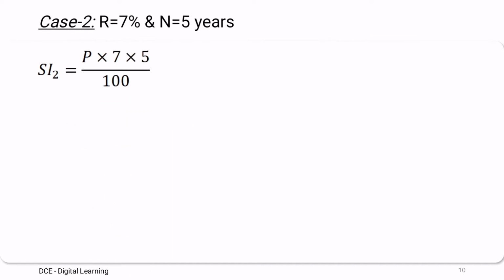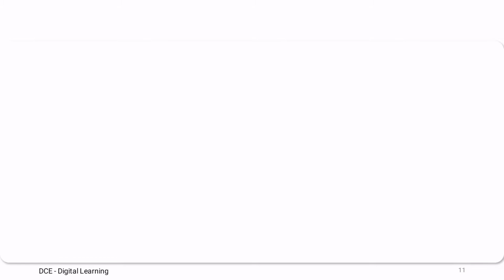So rate of interest in case 2 is 7 and N is 5 years. So simple interest 2 equals P into N into R, P into 7 into 5 divided by 100. 7 into 5 equals 35 into P divided by 100. So 0.35P is the simple interest in case 2. So they have given difference between the simple interest is rupees 500.